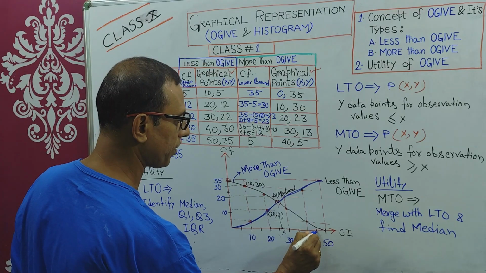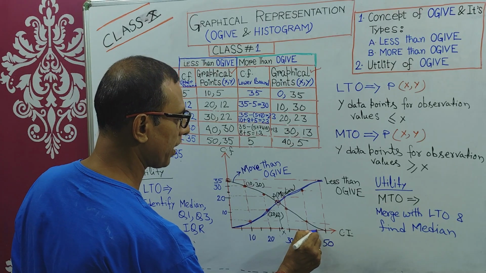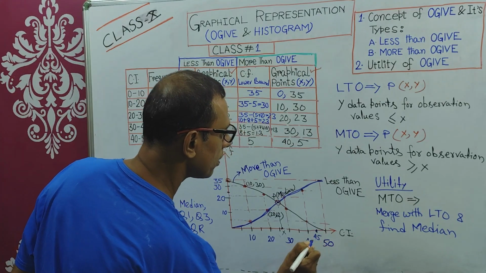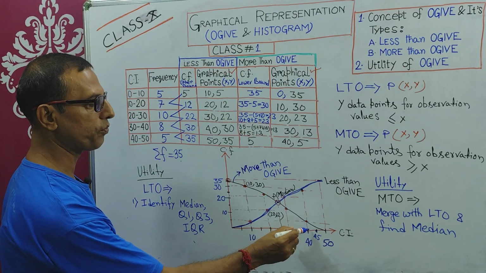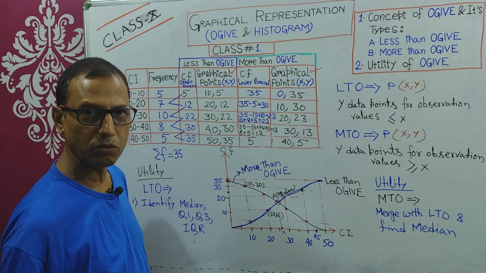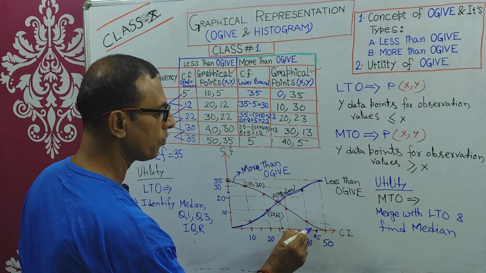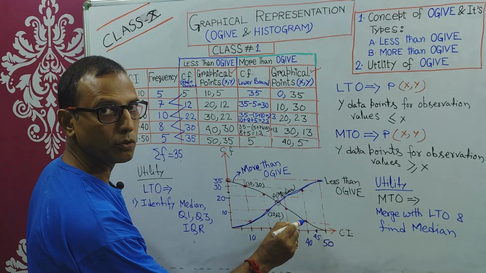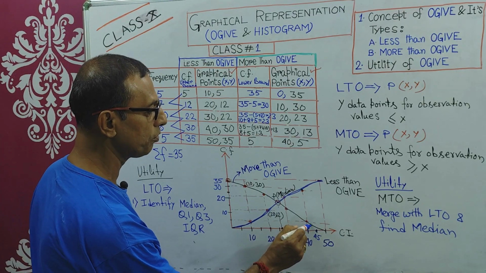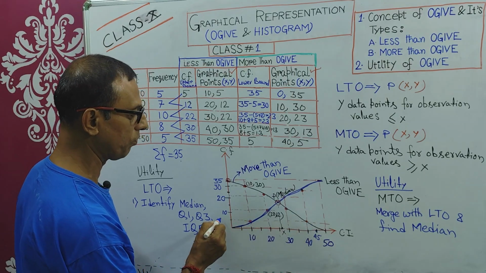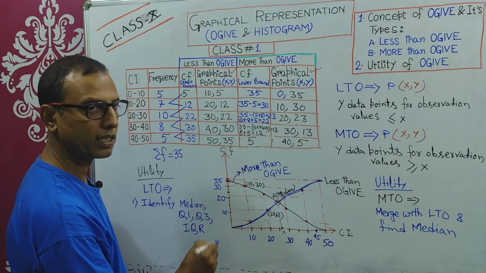Let's say this is 45, this data point 45. In the graph it could be the value 42, 41, 43, whatever value it will be. From that point you will draw the perpendicular which will intersect the more than ogive curve. From there you will read the respective value along the y-axis, that is the cumulative frequency.